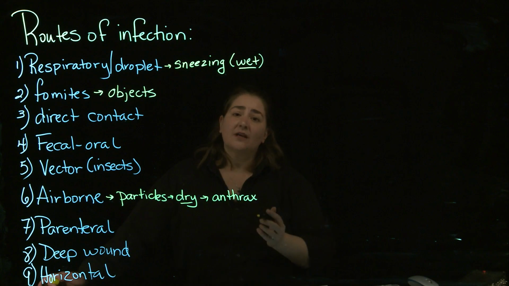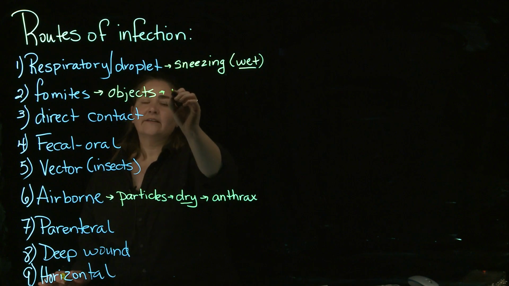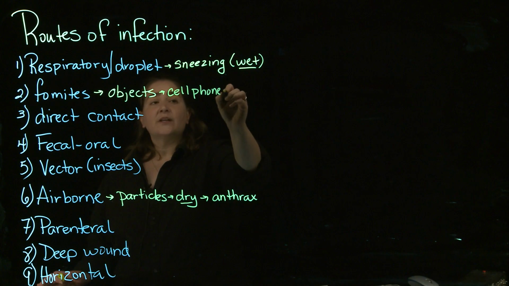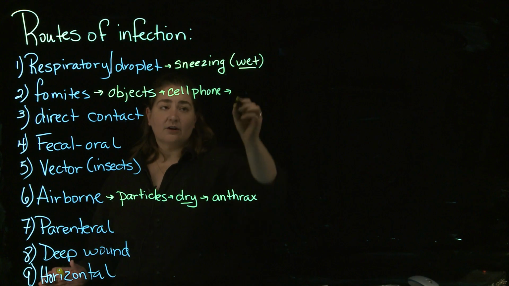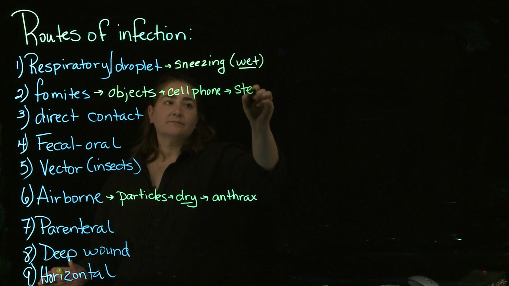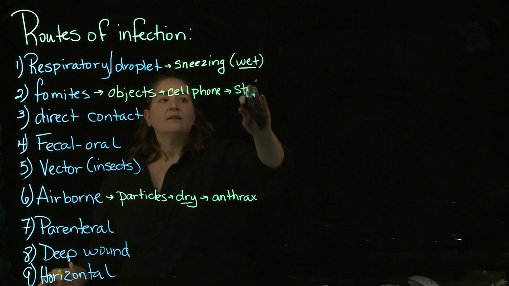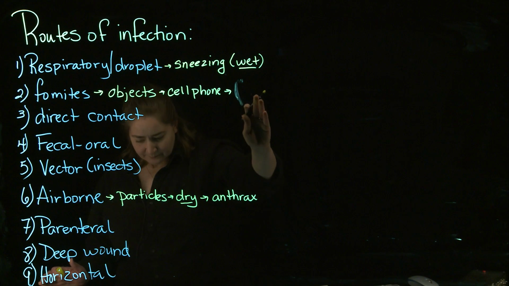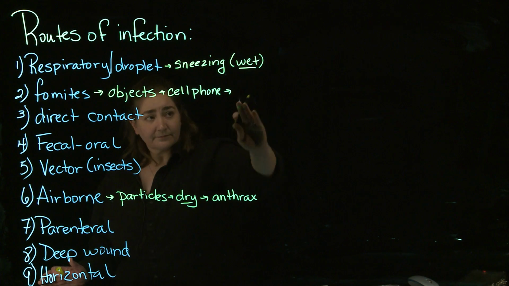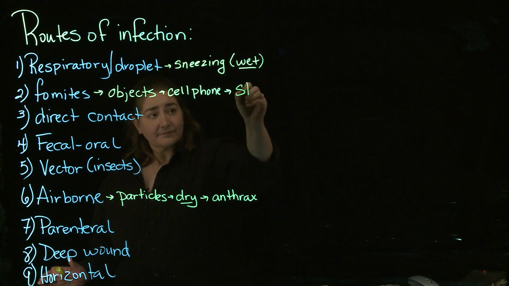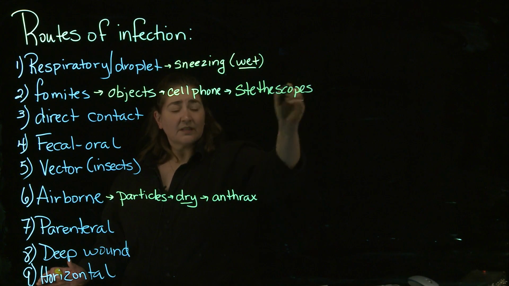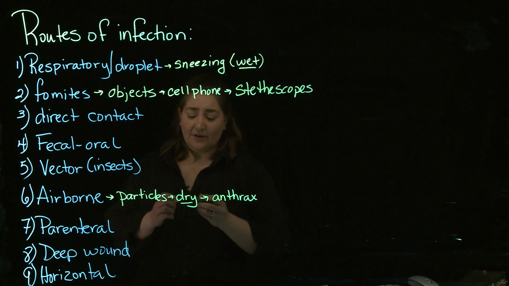So fomites are going to be objects, all right? The cell phone is one I'm passionate about in microlab, but in a healthcare setting, things like stethoscopes can be a fomite, all right?